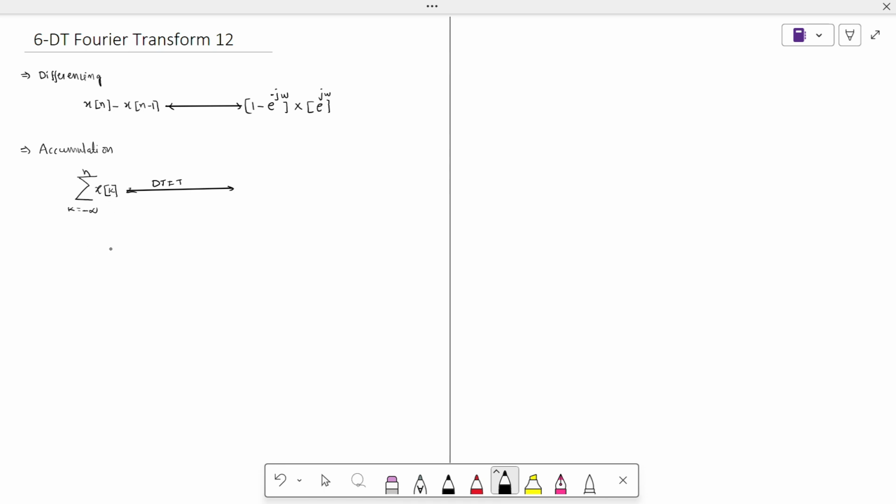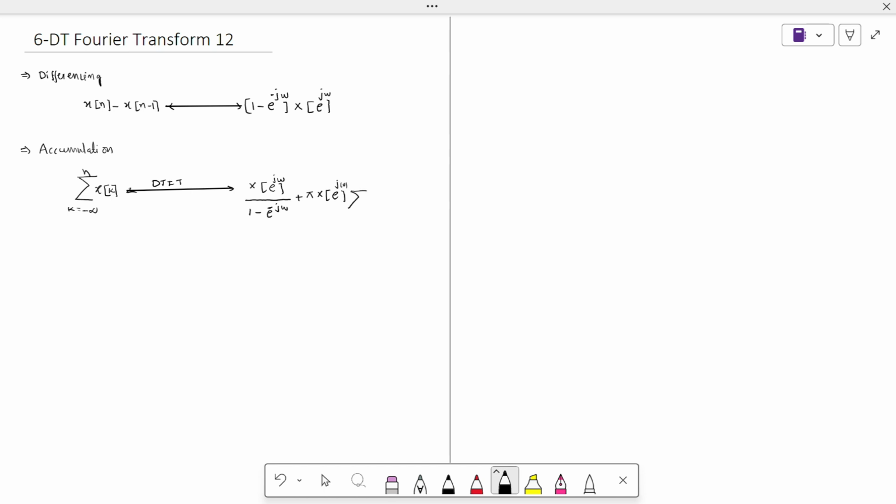The ratio in the GP is e power minus j omega. As it goes to infinity, the sum is directly 1 by 1 minus e power minus j omega. That is for the x of n part, and the sum of the GP is 1 by 1 minus r, where r equals e power minus j omega. Then for the constant, we should write x of e power j into the power of 0.